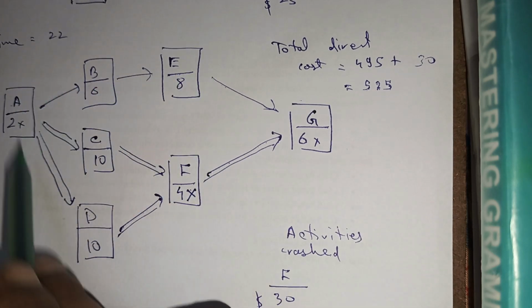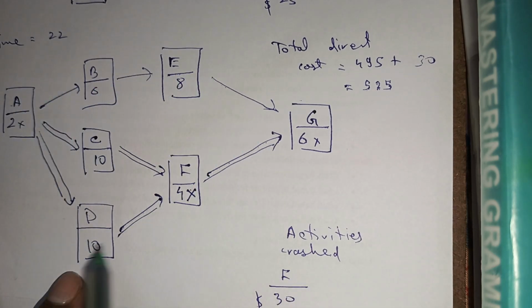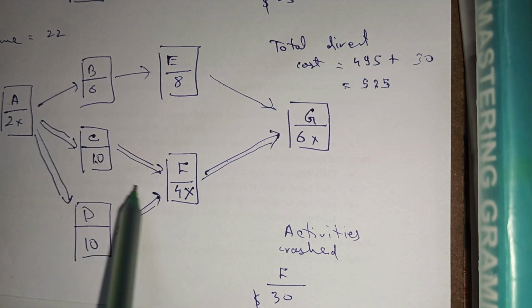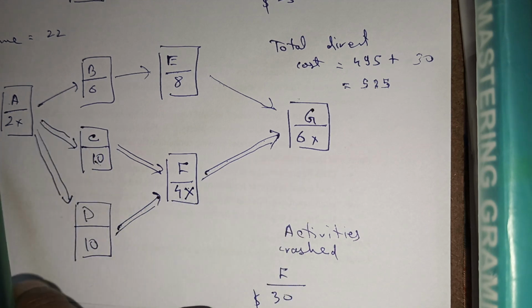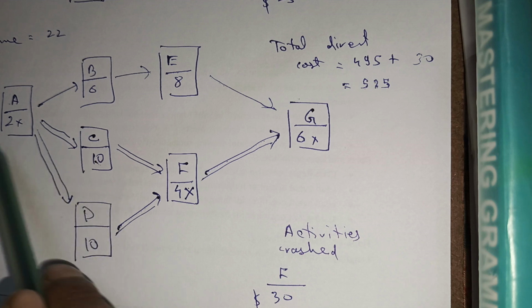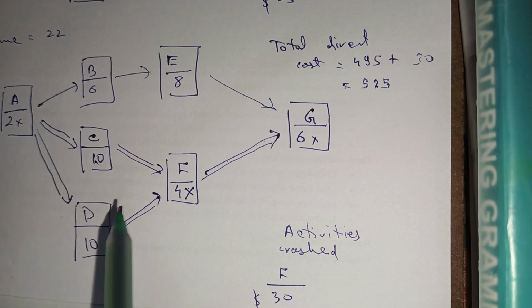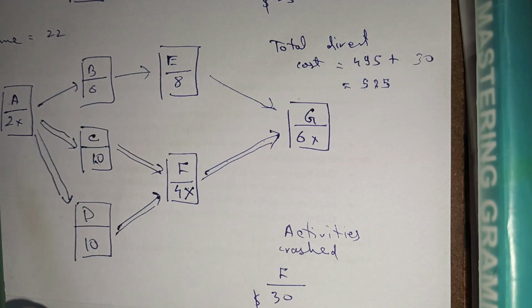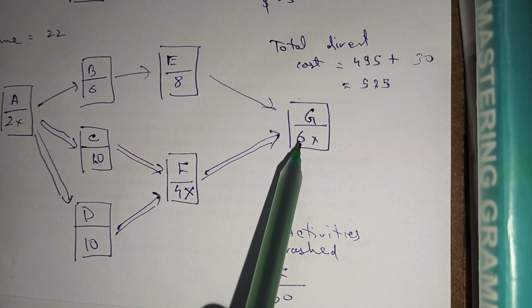Now let's look at the network diagram. What has changed now? If you look carefully, this is reduced and it has become 22 days. Okay, 2 plus 10 plus 2 plus 4, 16 plus 6, 22. This is also 10 plus 2 plus 4 plus 6, 22.